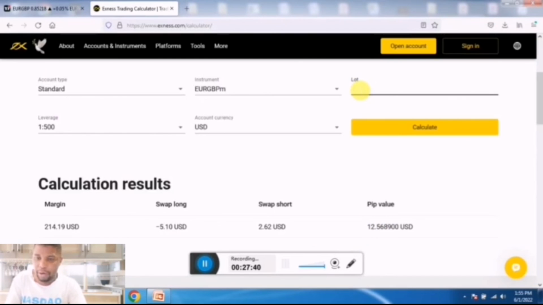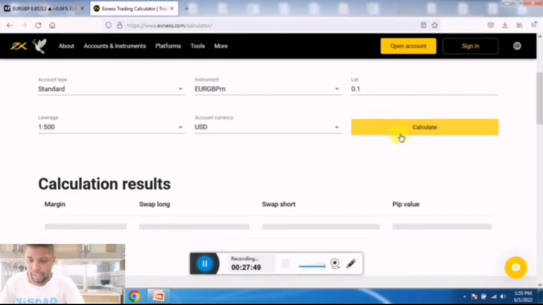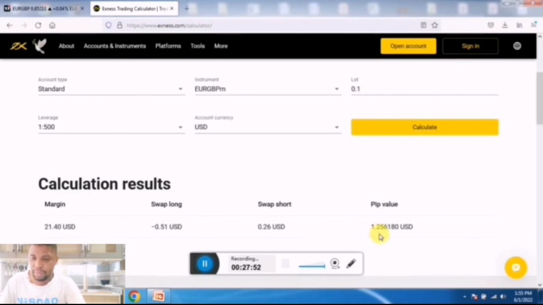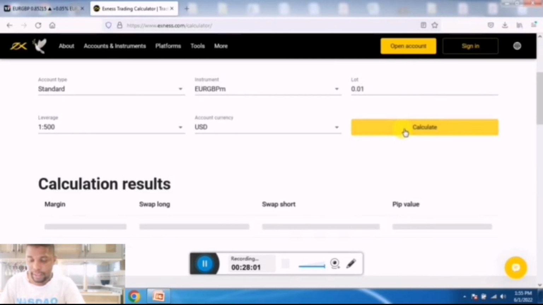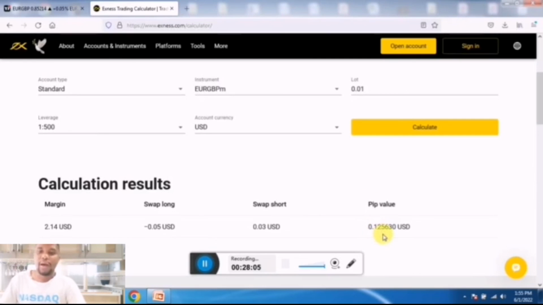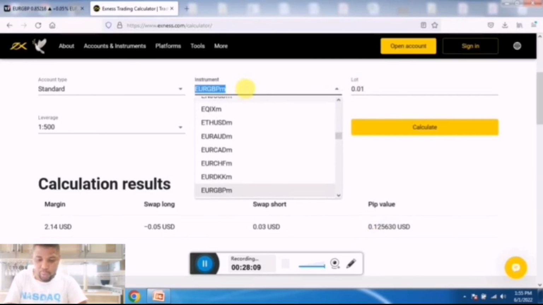For a micro lot, it's 1.25. And for the smallest lot, the 0.01 lot, it's 0.125.